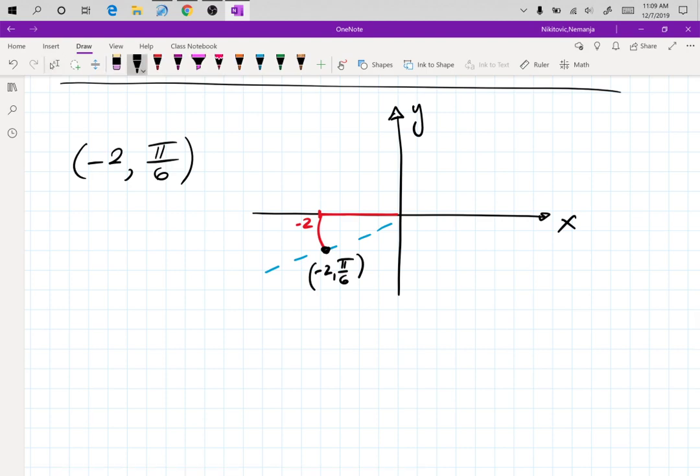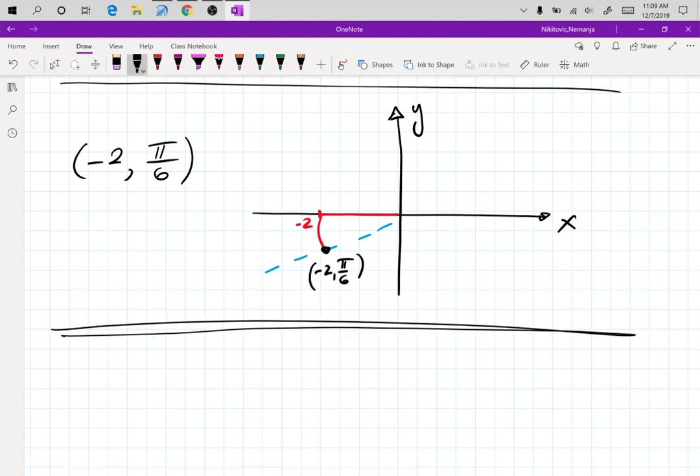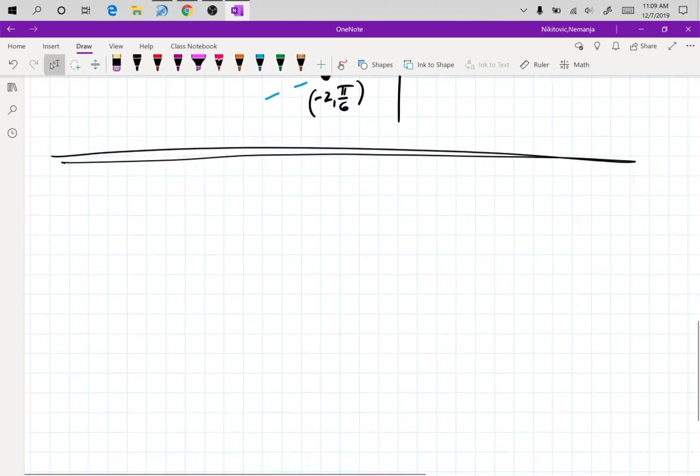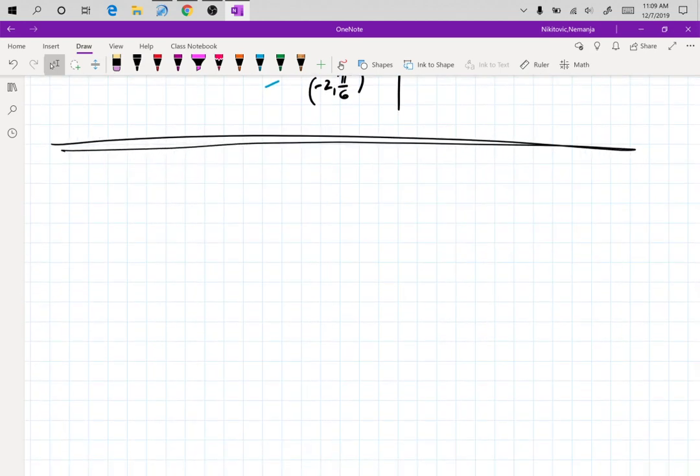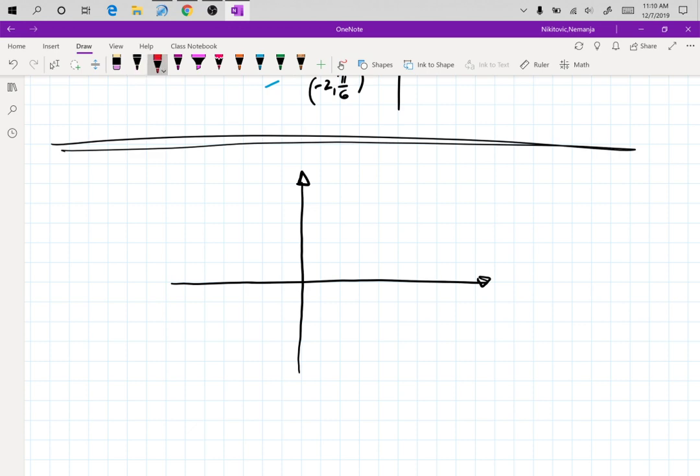So now I can create a diagram or something. You want to think about it as a formula sheet or whatever to graph all of the points. You will draw positive r's this way, negative r's that way.